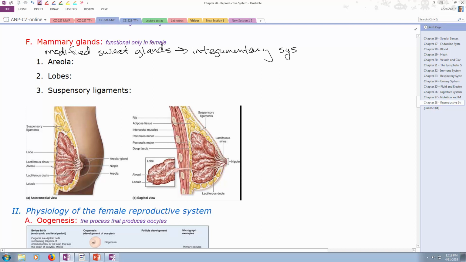Some features I want you to know about with the mammary glands. The area that surrounds the nipple is called the areola, and it is pigmented skin. The breast tissue is subdivided by connective tissue septations, or walls, into lobes, and each gland will contain anywhere from 15 to 25 lobes.